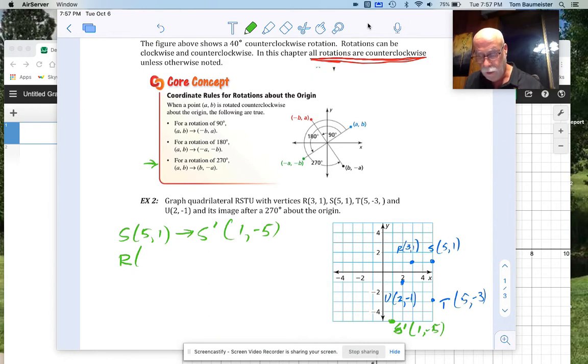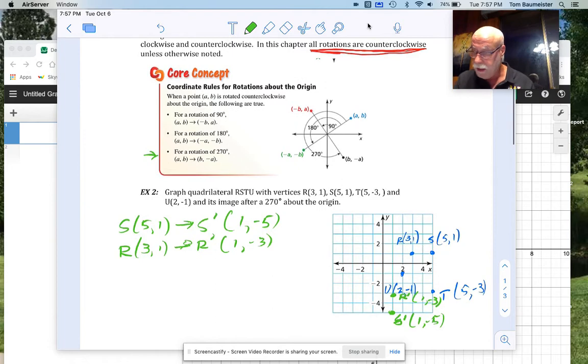Okay, so if I take R, which is at (3, 1), remember, it's going to tell us we're going to make R prime be at 1, and then I'm going to take my 3 and I'm going to negate that. So R prime is at (1, negative 3).